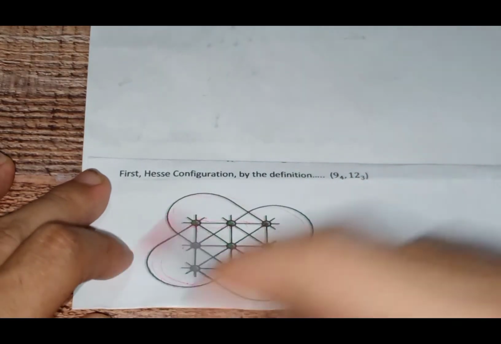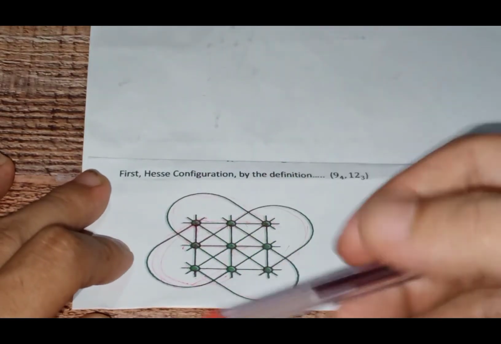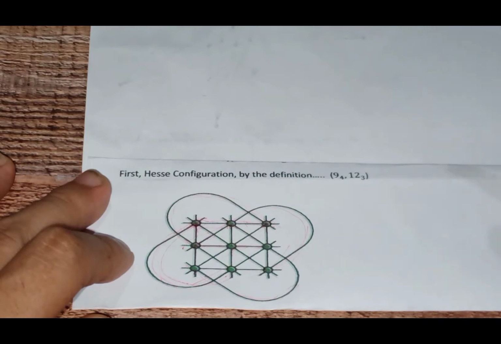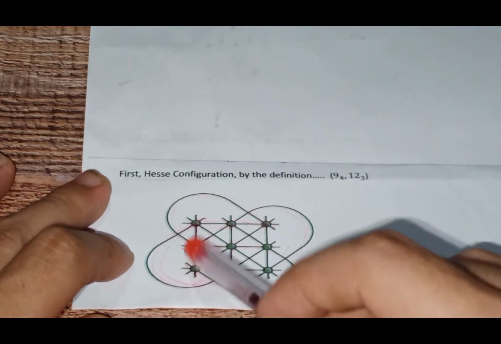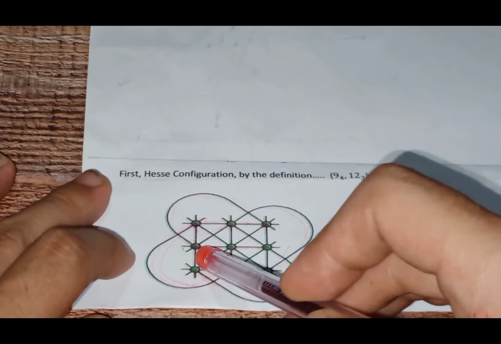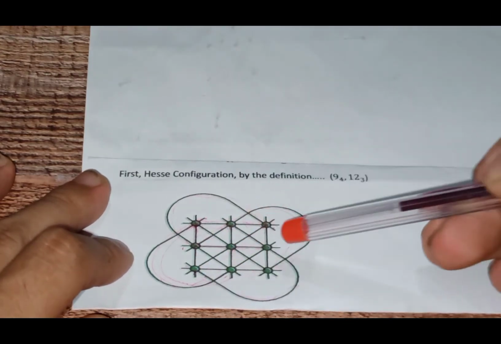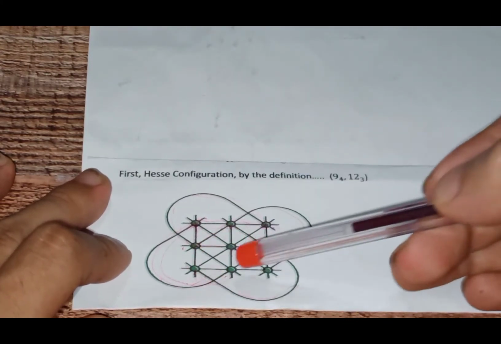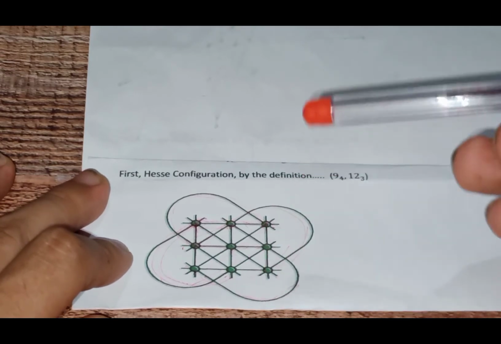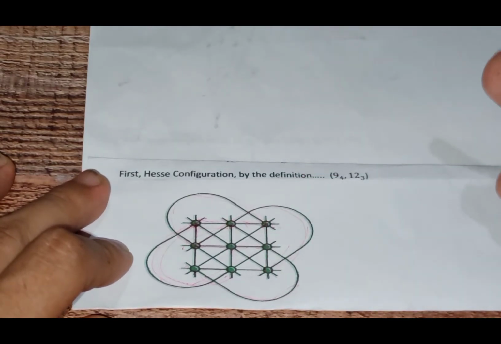Okay. Then so on and so forth. You should follow that step, and also points 4, 5, 6, 7, 8, 9 will each consist of 4 lines.